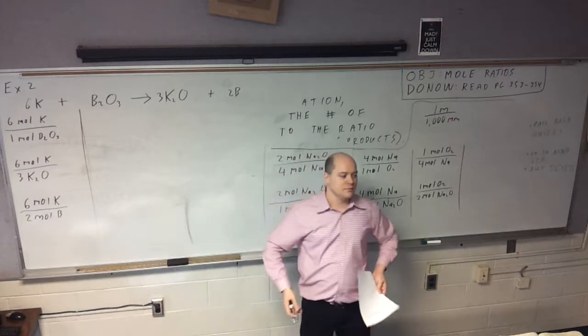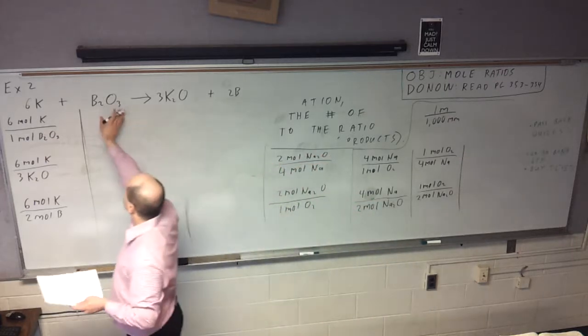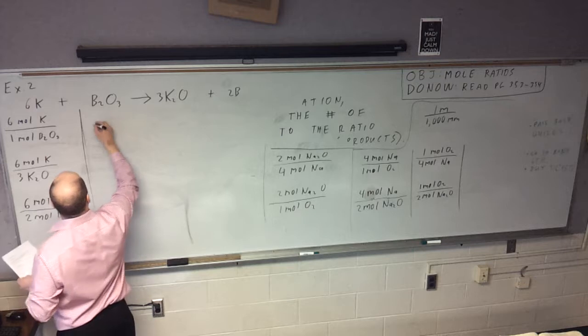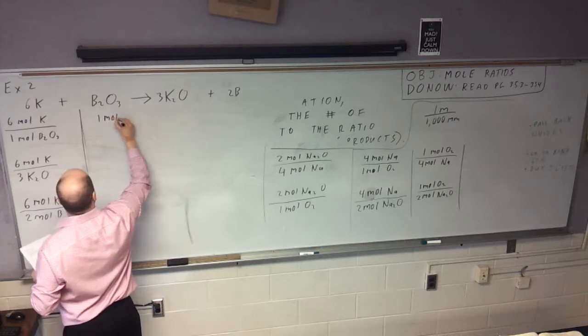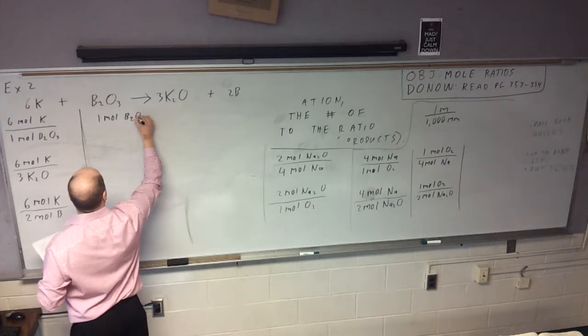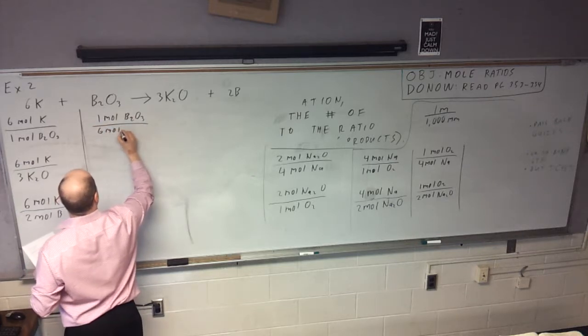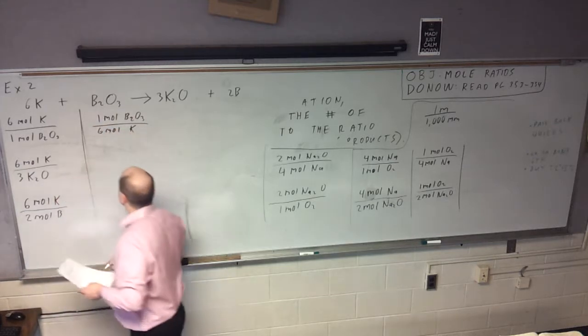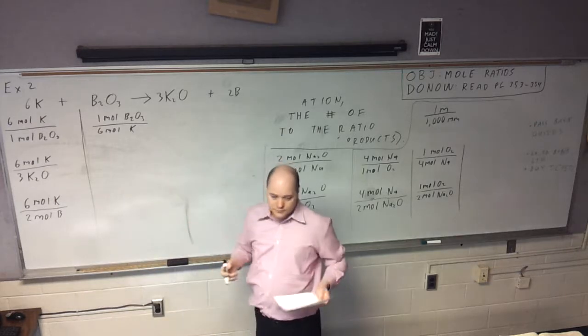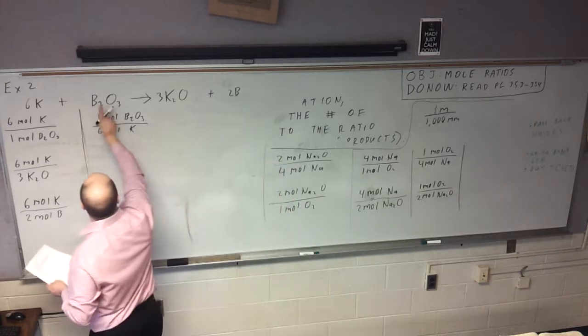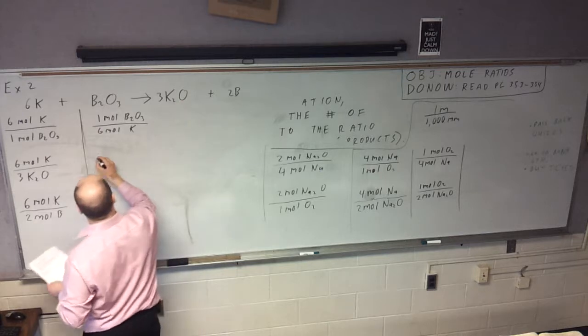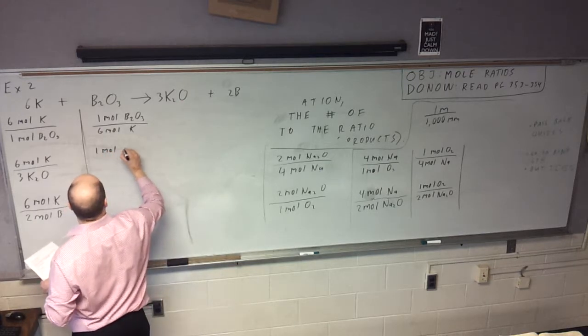That's for potassium. Now we got to do all the ones that involve B2O3. So it's going to be 1 mole of this over 6 moles. Okay. And we're going to do this one to this one. 1 mole.